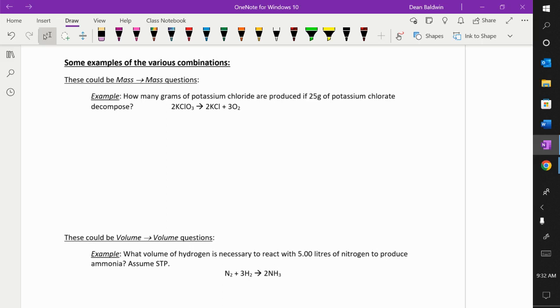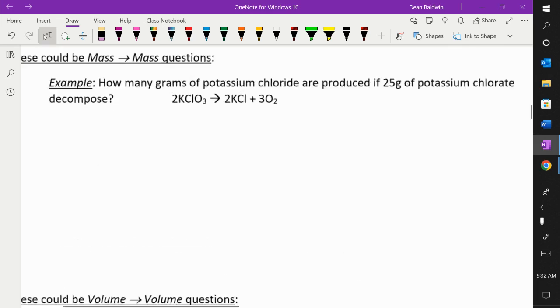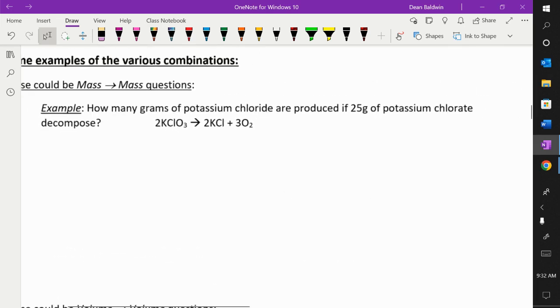How many grams of potassium chloride are produced if 25 grams of potassium chlorate decompose? So here's our chemical reaction. 2KClO3 goes to 2 potassium chlorides and 3 oxygens.